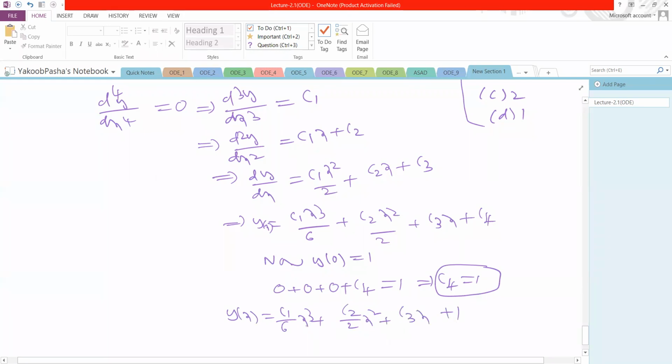So here 1, x, x square, x cube are the linearly independent solutions. So the number of linearly independent solutions is 4.